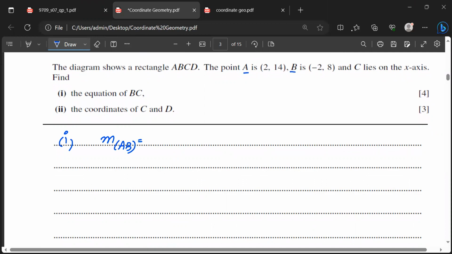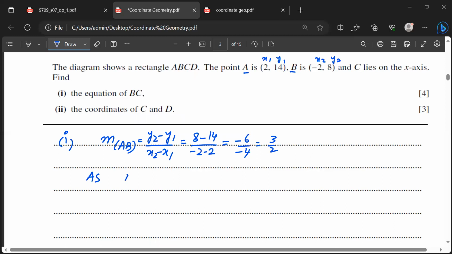Using the formula y2 minus y1 over x2 minus x1, that is 8 minus 14 over minus 2 minus 2, is equal to minus 6 over minus 4, which equals 3 over 2. This is the gradient of AB.